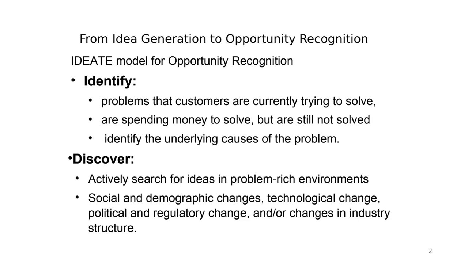Now that we've identified the problem, we've got to look for new ideas. What can we do? To do this, we need to search for ideas and look at what the changes are. They list there on the screen: social and demographic, technological changes, etc. So as a garden service, how are we going to do this? We're going to do a survey. We'll knock on people's doors and say, you've got a great garden, what would you expect a service to do to help you?